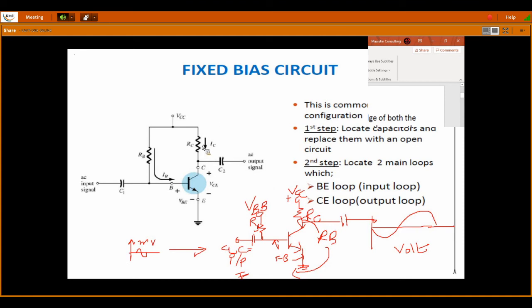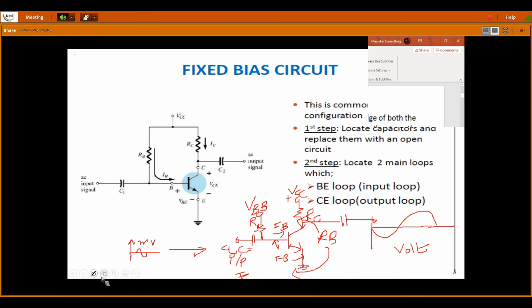Now let me take the KVL at the input side. If I just disconnect this, then my current at the input is IB. Here, one more thing I wanted to explain. As I am taking two voltage sources, in order to avoid that, let me take a VCC and apply that in place of the VBB voltage I had taken, so I have connected it like this.